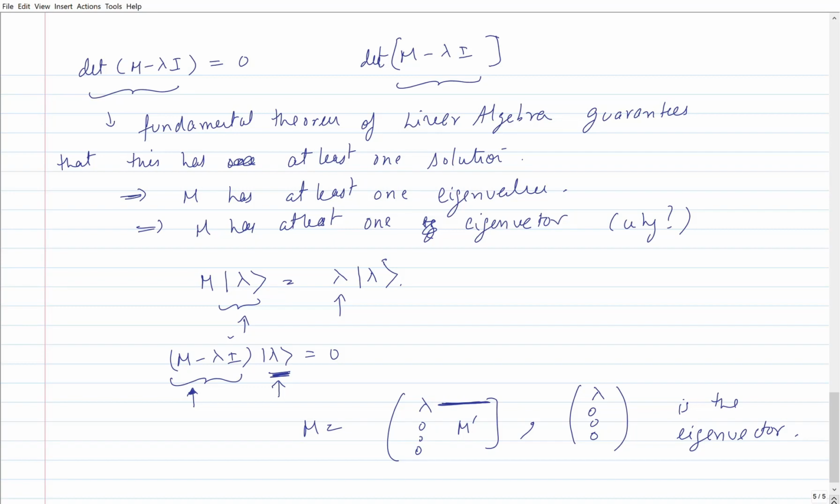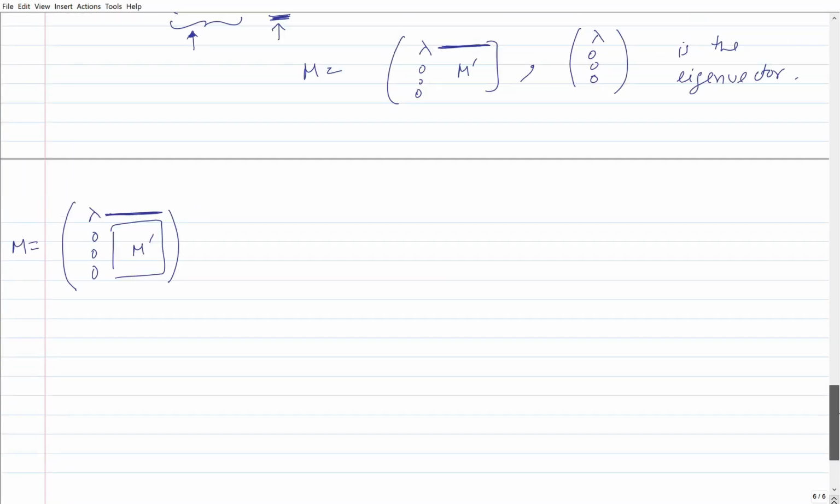Okay, so where are we now? I'll again write it down as: we don't know these guys, but we know this is the form of M. I have one eigenvector showing up here.